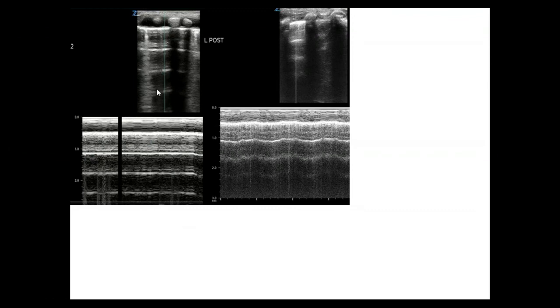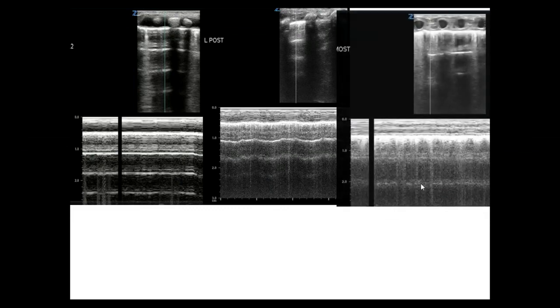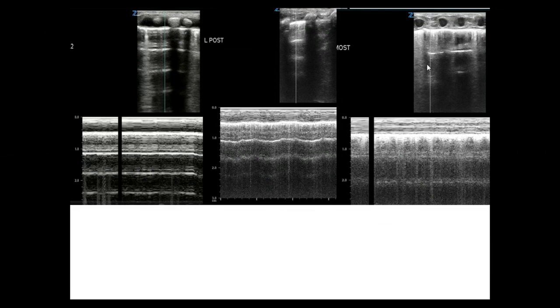This is the same patient with the pneumothorax after tapping of the pneumothorax, and I started to see some echogenic dots and a less prominent barcode sign or A lines, after complete tapping of the chest.